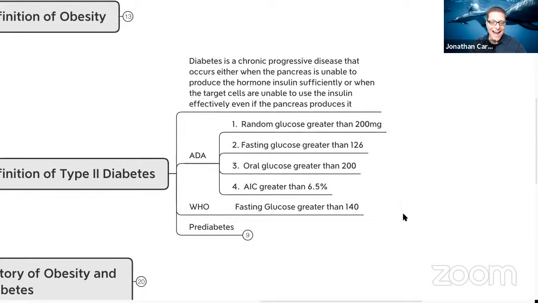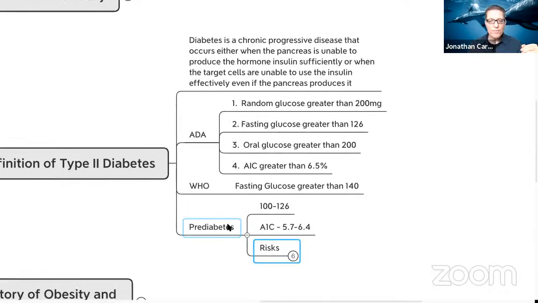Again, I want to stress more than anything else that, in order to write articles and look at disease rates, they have to come up with definitions. That doesn't mean that when you get below these numbers, your disease rates just disappear. That's why I want to speak a little bit about pre-diabetes.